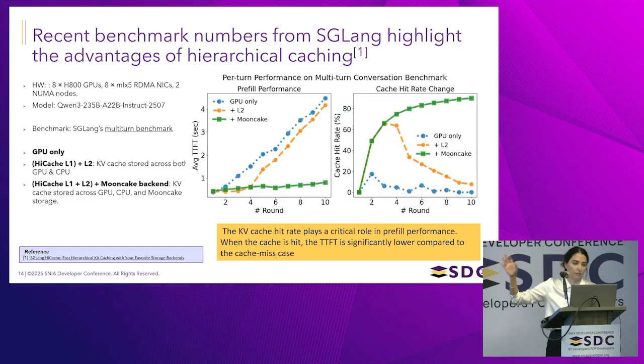On the left graph, you see the average TTFT time for these three different use cases, and on the x-axis, you can see the number of rounds of your conversation. The more the conversations grow, the more you can see the benefit of having the KV cache stored on the remote storage. The reason is that after certain rounds, your cache becomes full, so you start evicting it, or you're not hitting the cache.